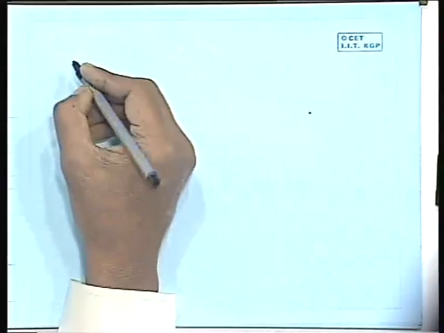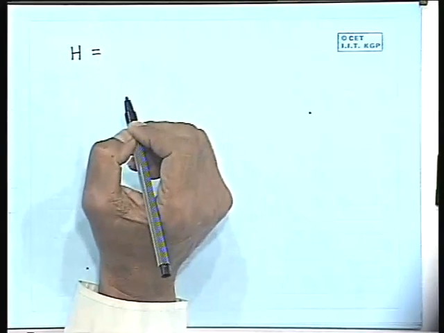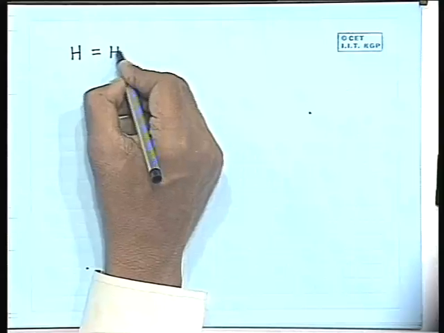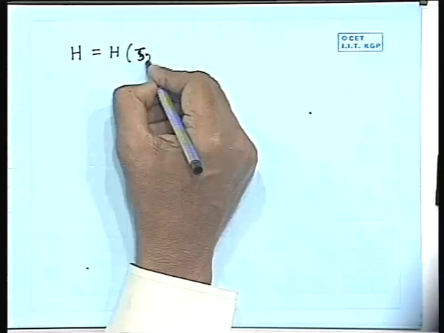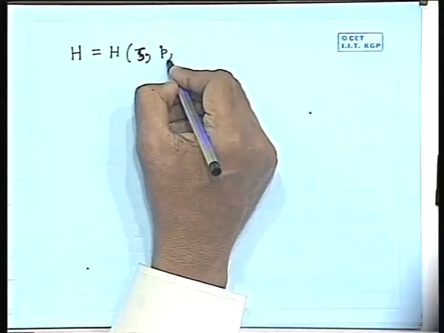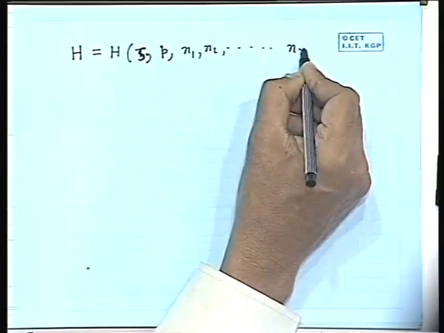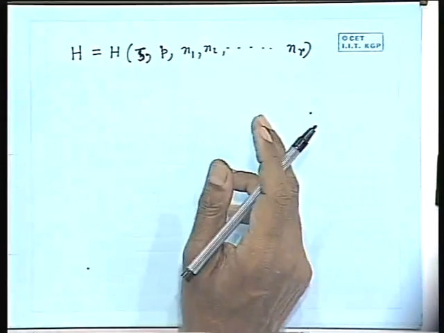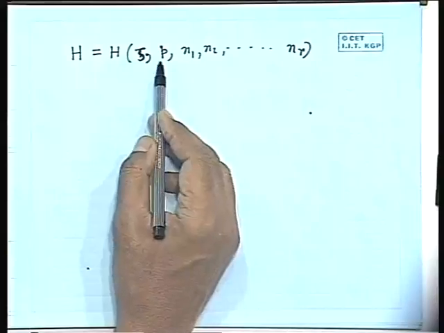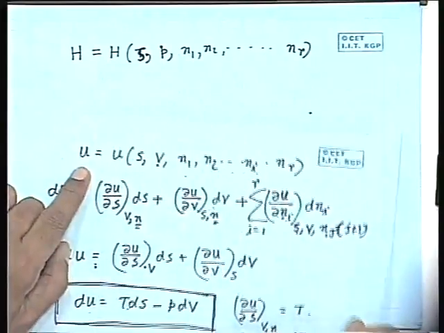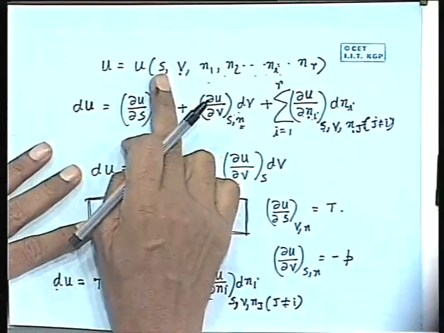find a similar relation if we start with H, the enthalpy of the same multi-component system comprising r constituents, as a function of S, not T, I am sorry, S, P and number of moles. The implications of this will be clear afterwards, from the concept of why we are expressing U as a function of S and V and the number of moles, and why we are expressing H as a function of S and P. In fact, U is always internal energy, this is by definition, but we express it in terms of entropy and volume.